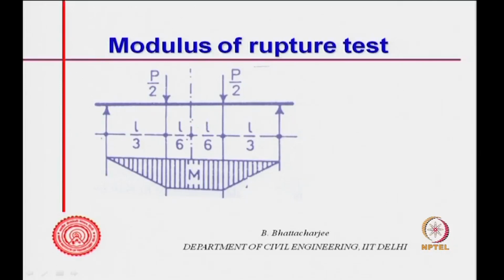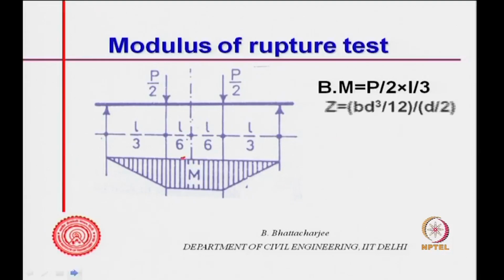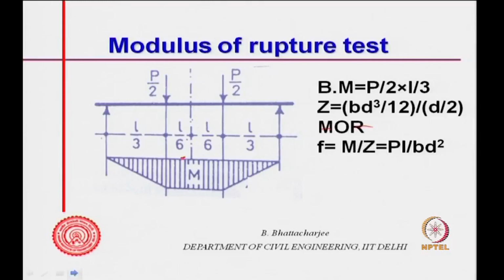So, your bending moment here is L by 3 into P by 2, which is equal to PL by 6, and the maximum stress: Z value, the section modulus, is BD cube by 12 divided by D by 2. So, this will be simply BD square by 6, and therefore, M by Z will be PL by BD square.